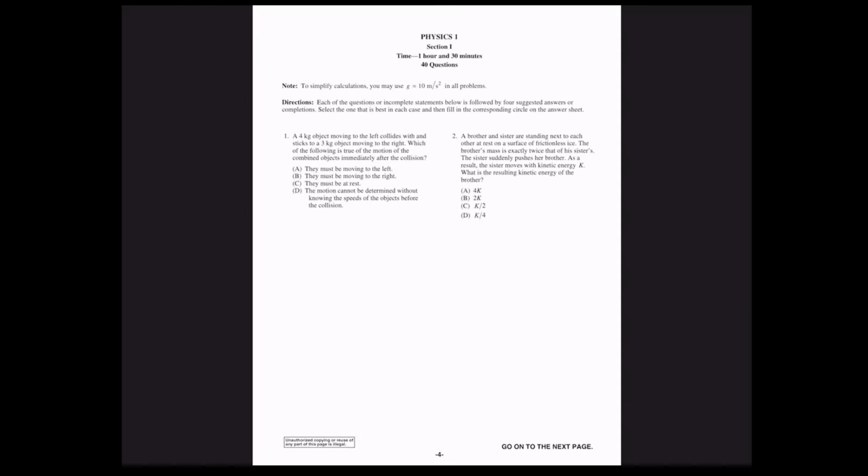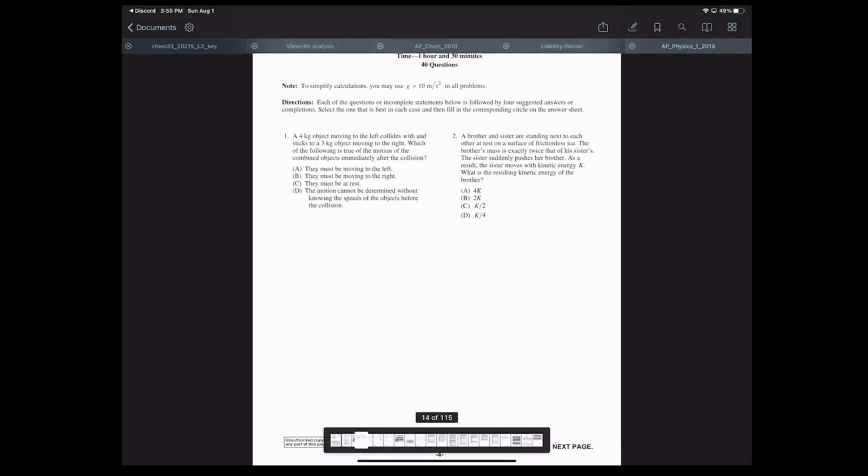So number 1 is a collision. And which of the following describes the object motion after the collision? Okay, so we know a 4 kilogram is moving to the left and 3 kilogram is moving to the right.